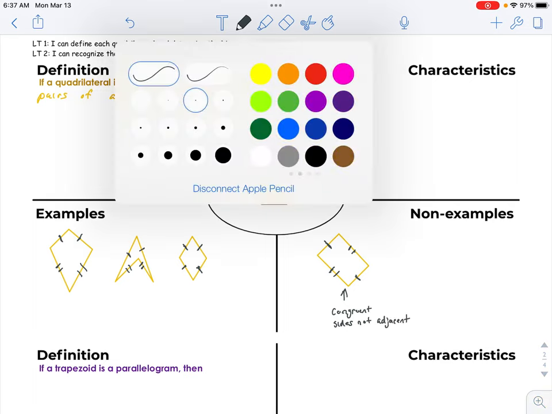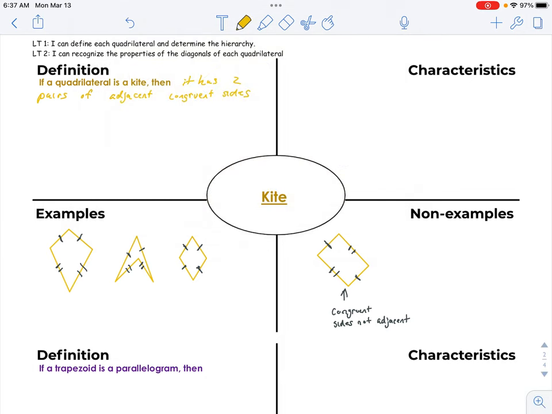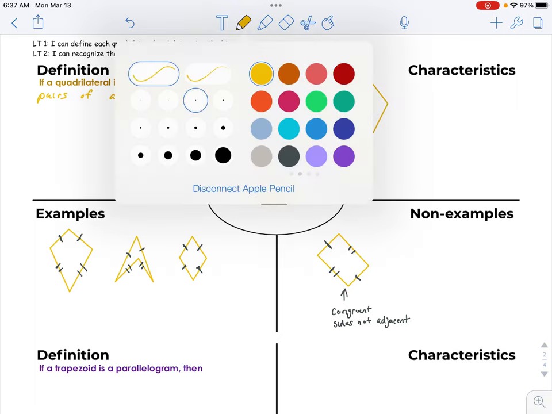Now with a kite, I guess this is where we can go crazy. And this is true of whether it's concave or convex. All right.